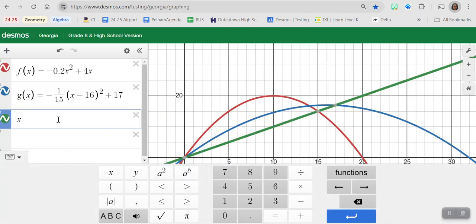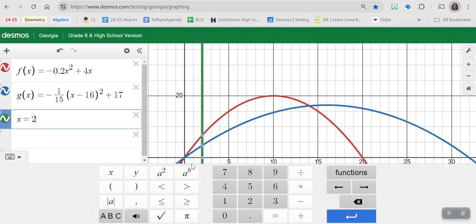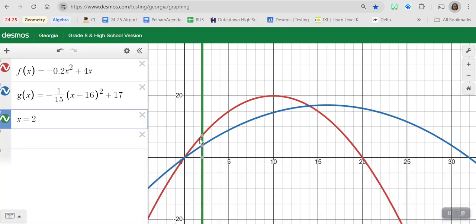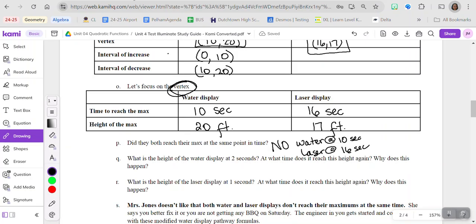So when x equals 2. See? 7.2, because we're focusing on the red. So when x equals 2, you get 7.2. So when x equals 2, y equals 7.2.